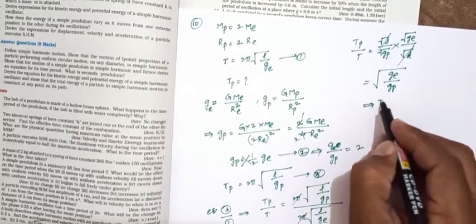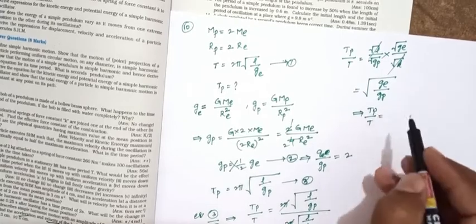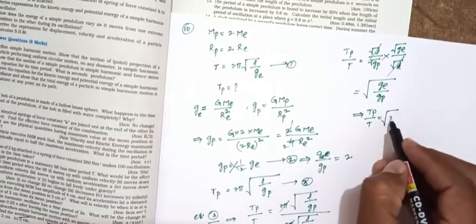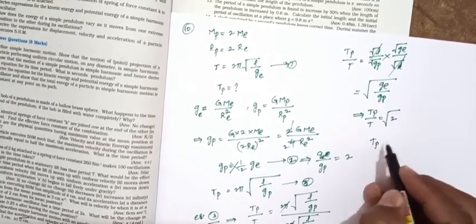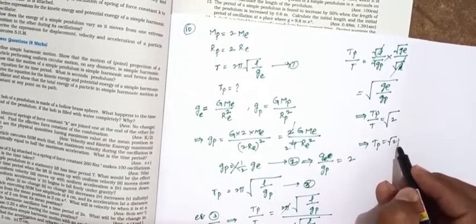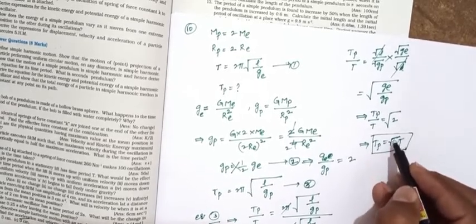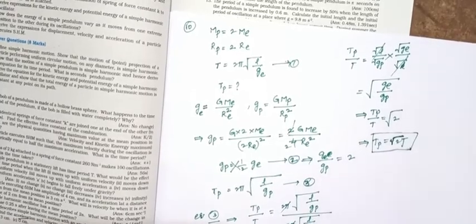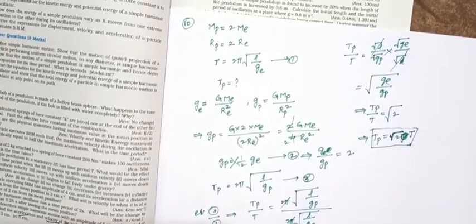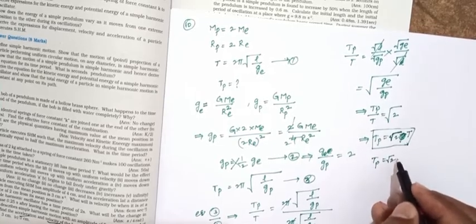That implies Tp by T equals square root of ge by gp equals root 2. So Tp, the time period on the planet, Tp equals root 2 into T. Again, write Tp equals root 2 T.